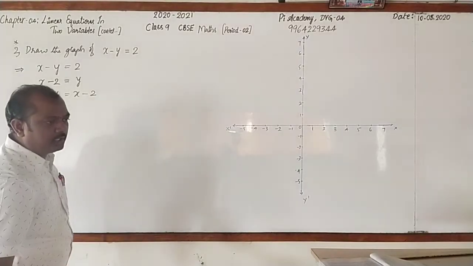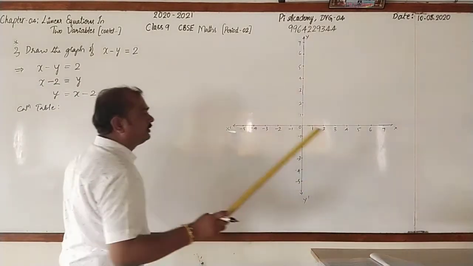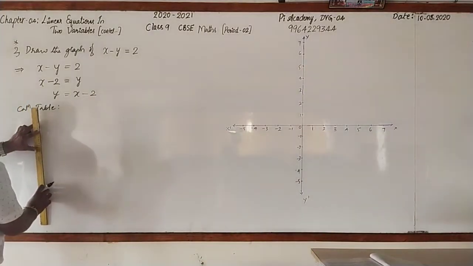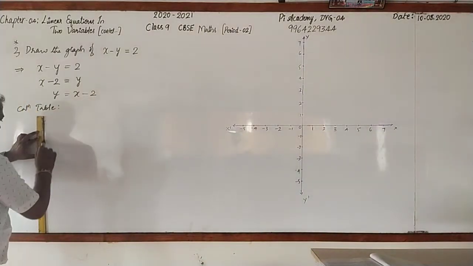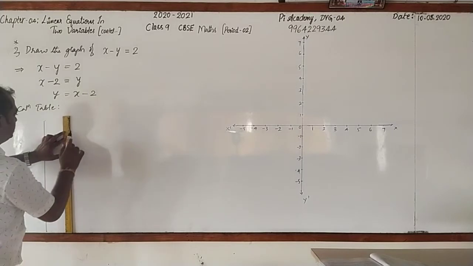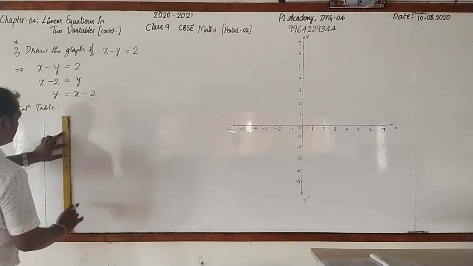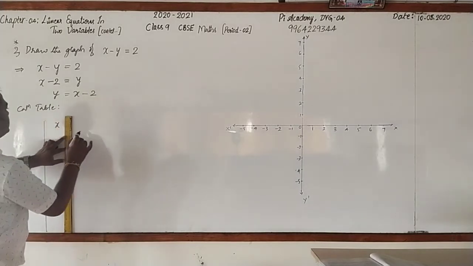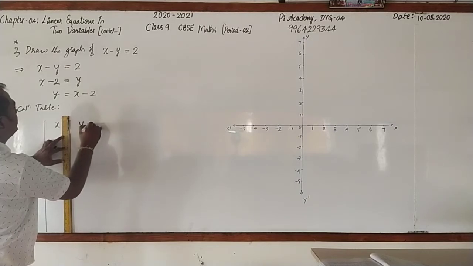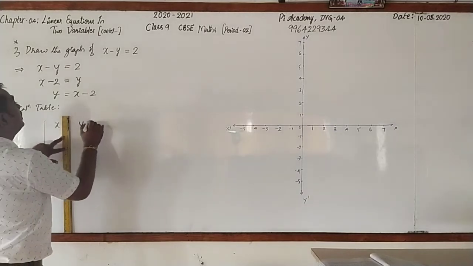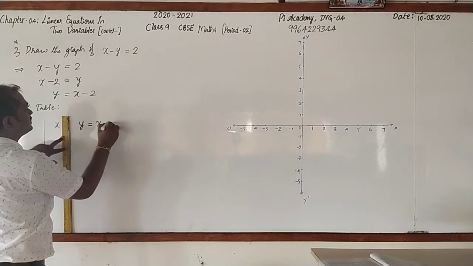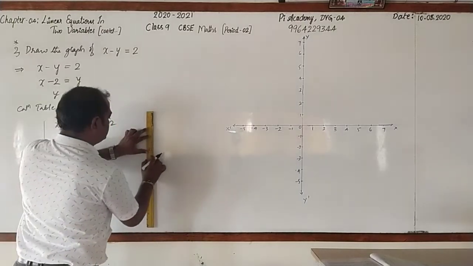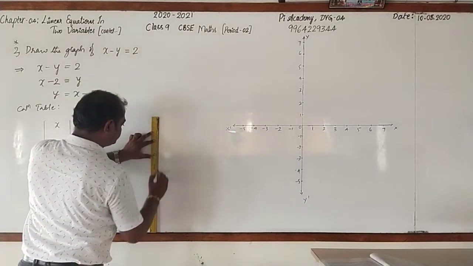Here we have to prepare the table, hence we will go for drawing the lines. We all know that the first column is for x. The second column is for the equation written in terms of x, that is y equal to x minus 2, and leave a gap for calculation.